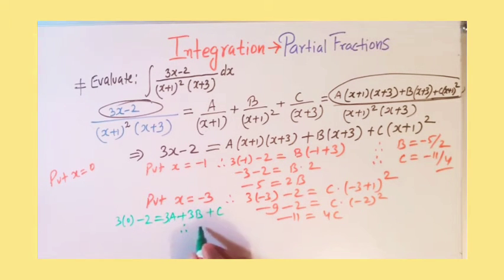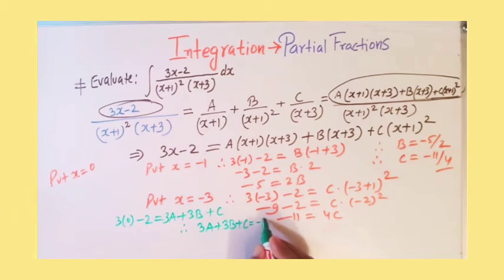Therefore we have 3a plus 3b plus c is equal to minus 2, right?